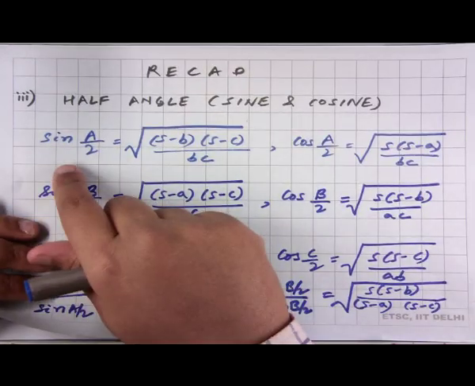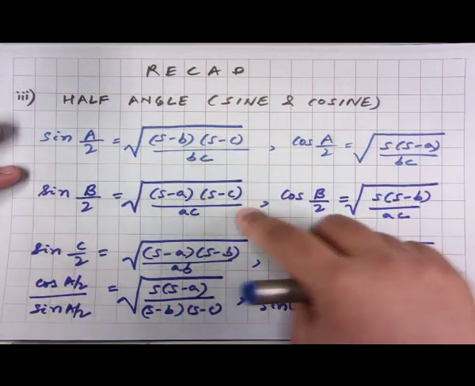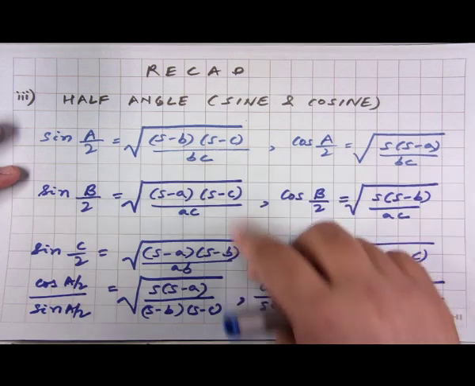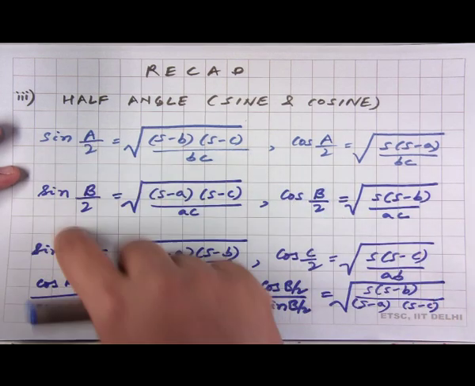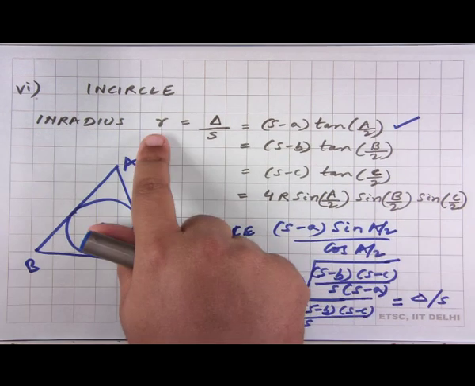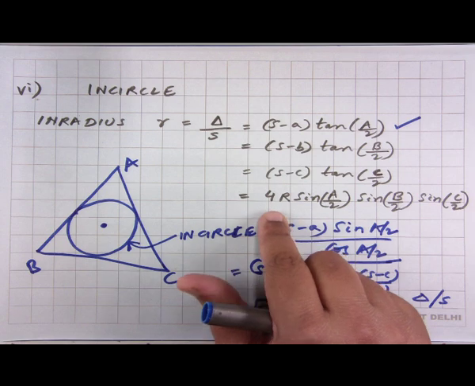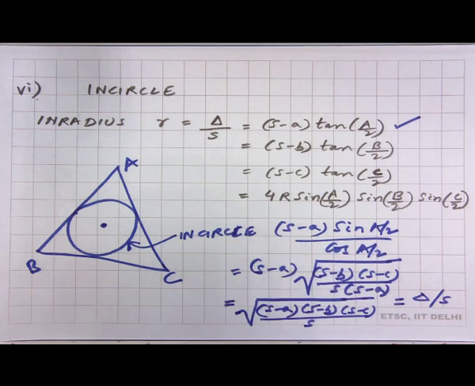By replacing these sines with those expressions and taking the product, we will get r equal to 4 times R. Of course, we also have to use the expression for r that we just saw in the previous slide.